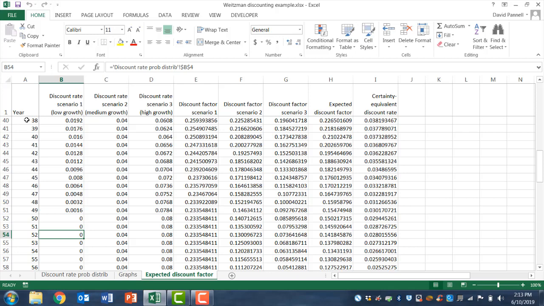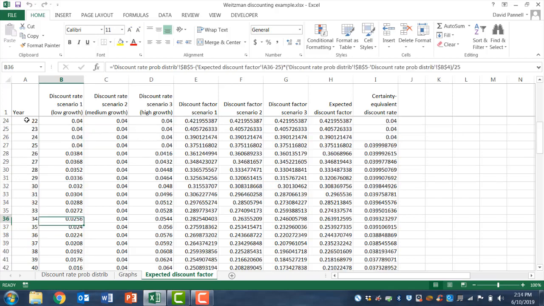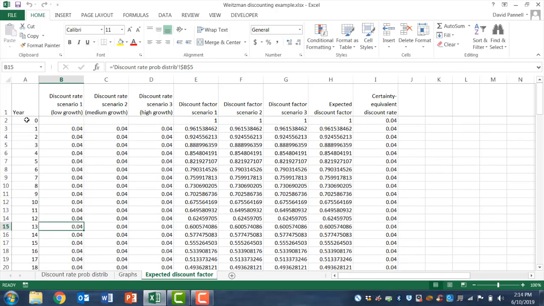Now the next thing is to convert these discount rates into discount factors, because it's discount factors that are the important thing to understand what's going on with the Weitzman discounting. What I've got here is these three columns, and they show the discount factor under scenario 1, scenario 2 and scenario 3.